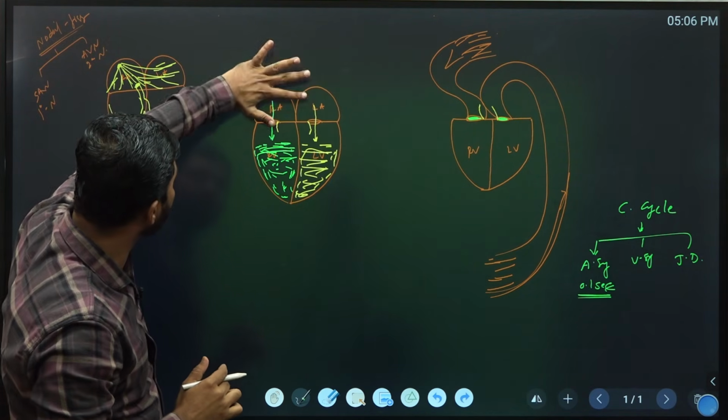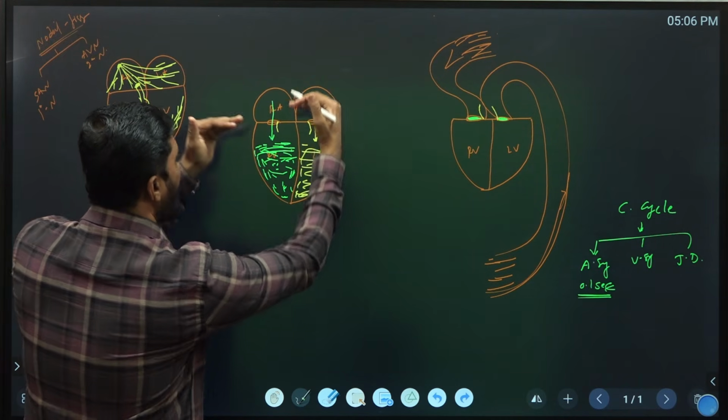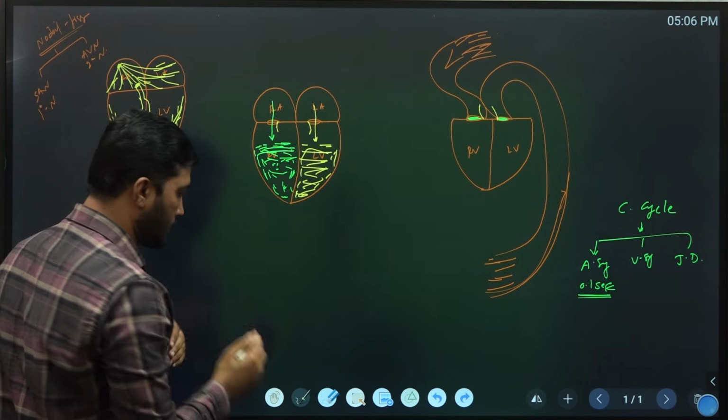So, due to this condition, the atrial blood directly enters the ventricles.